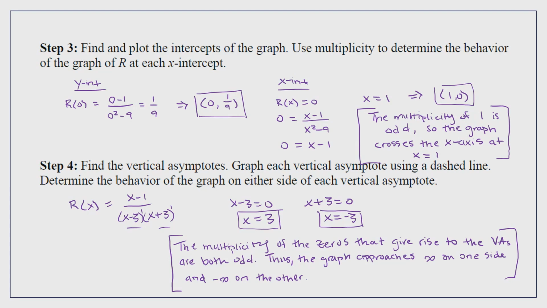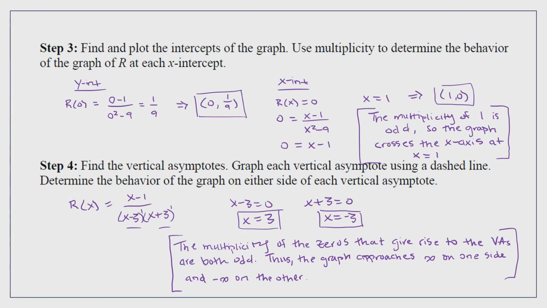Okay, and the zero came out to be 1. And then from the x-intercept, we were able to determine the behavior of the graph at that x-intercept. And since the factor of that zero has an odd power, it has a multiplicity of 1, the graph crosses the x-axis at that point.